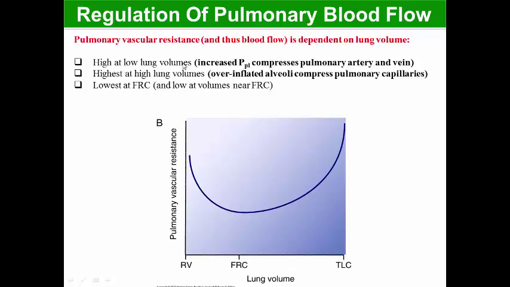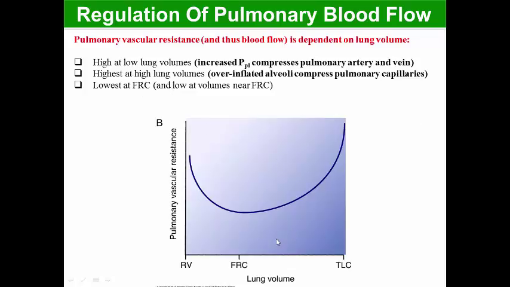Because at low lung volumes, the increased intrapleural pressure compresses the pulmonary artery and vein. Similarly, at high lung volumes the resistance is high, and in fact it is highest at high lung volumes, because overinflated alveoli would compress the pulmonary capillaries, and the resistance is lowest at the functional residual capacity.